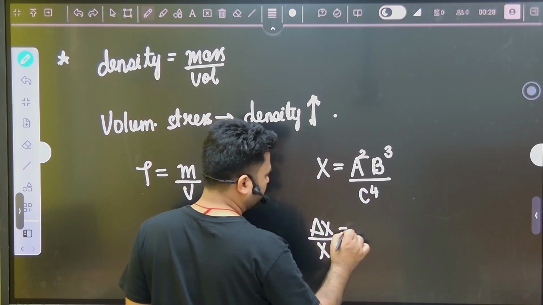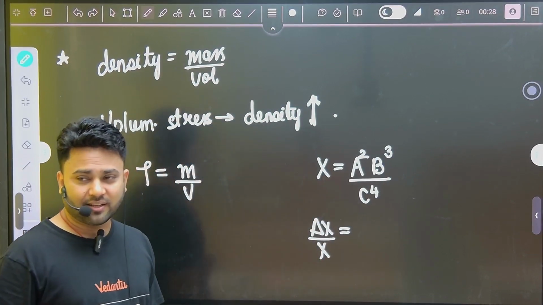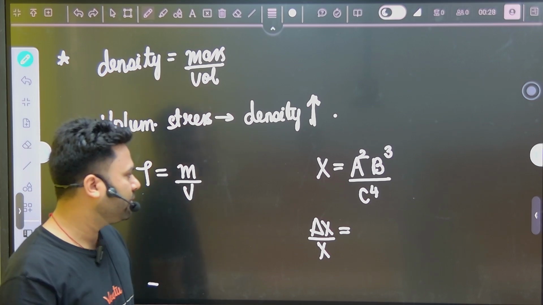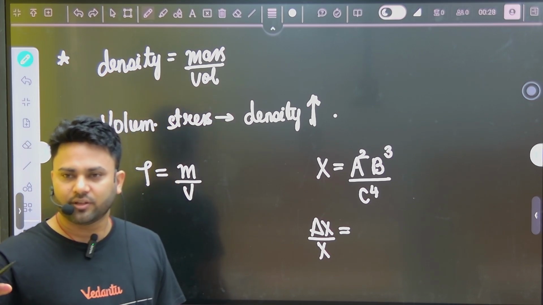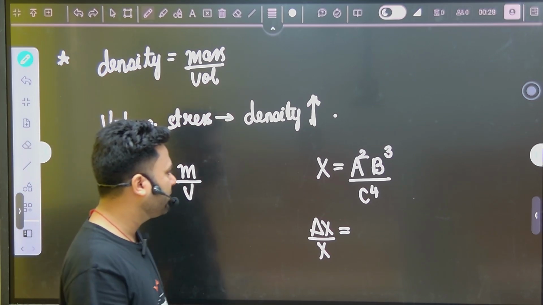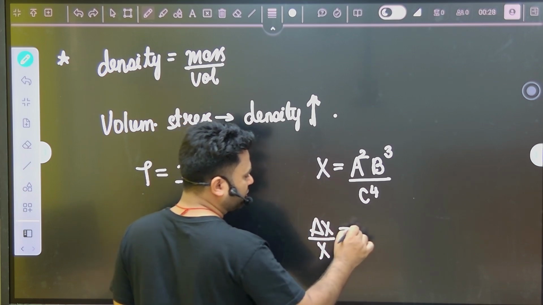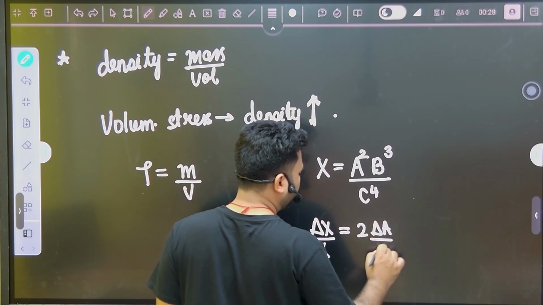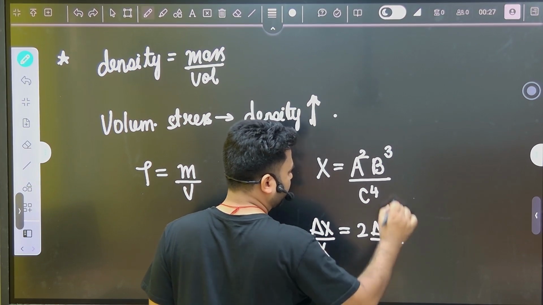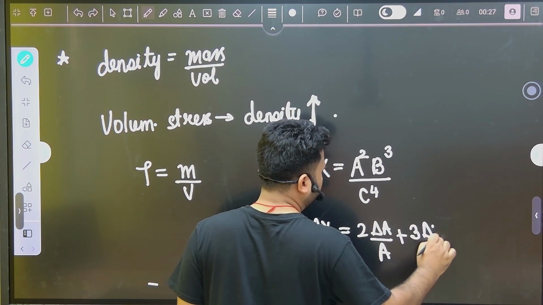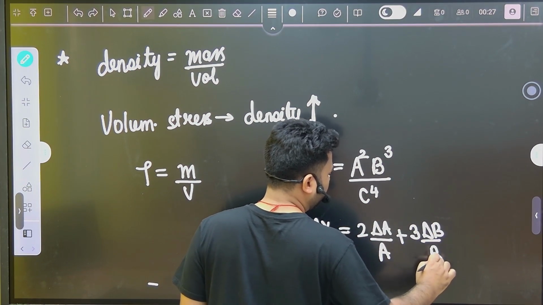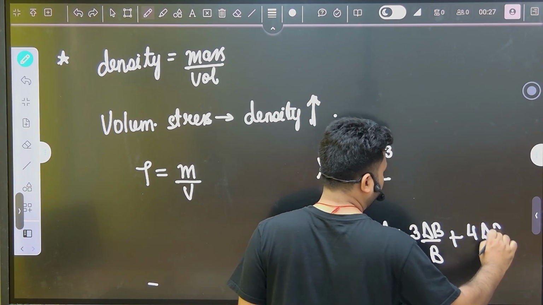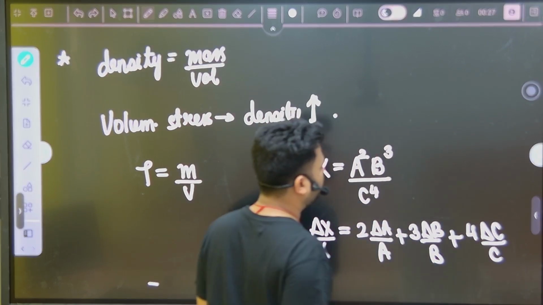equals, and this kind of questions they ask a lot. That's why I am saying go through that unit and dimension chapter, significant figures, rounding off, everything I have told. So delta x by x equals, first we write power 2 times delta a by a, then plus power 3 times delta b by b, plus power 4 times delta c by c.